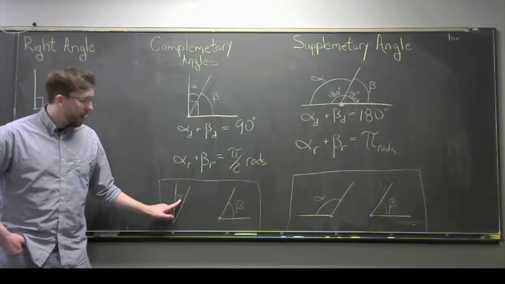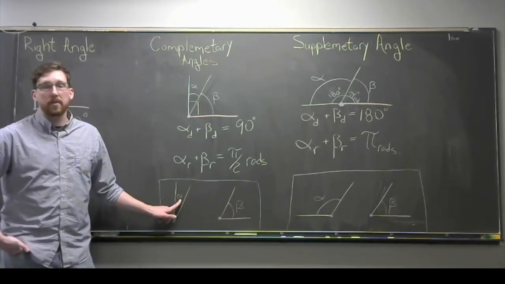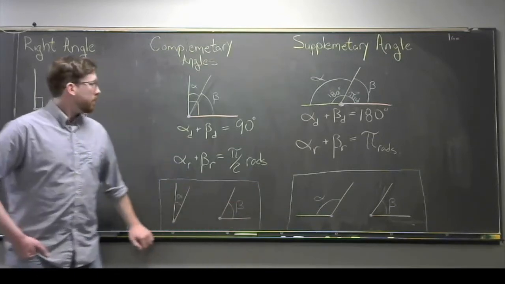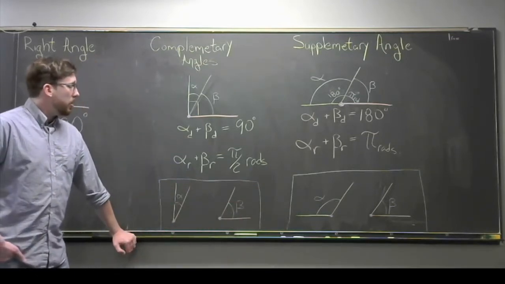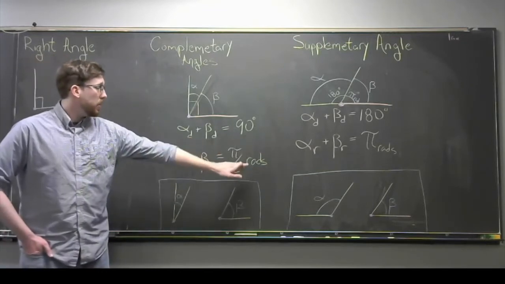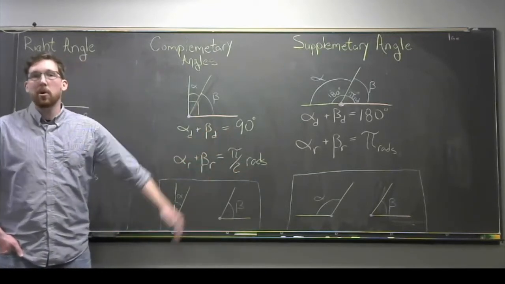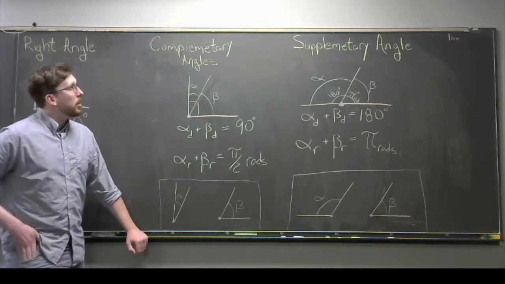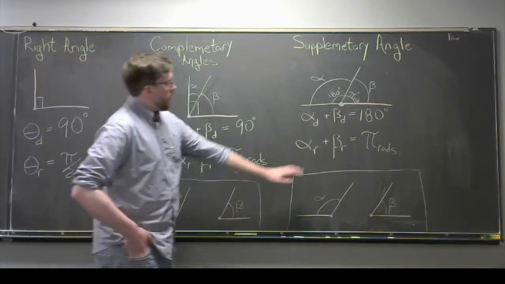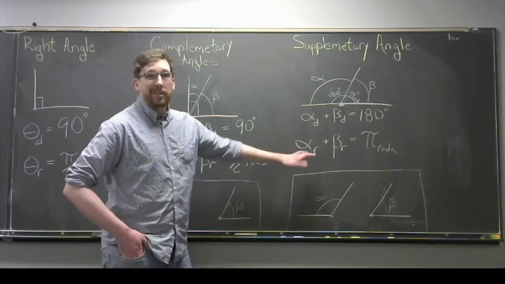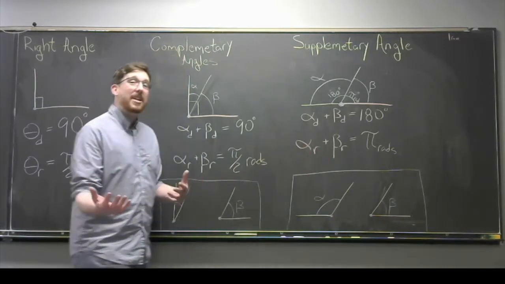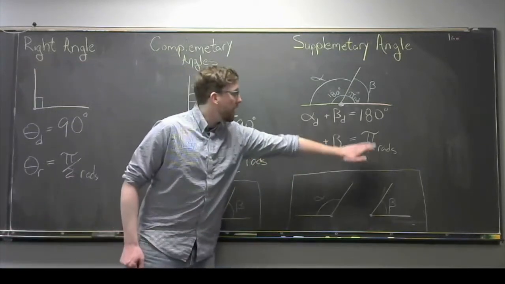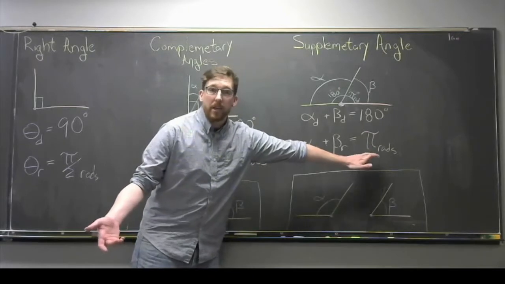One has an angle of alpha. The other has an angle of beta. When we add them together, if they add up to 90 degrees or pi over 2 radians, we're going to say that the two angles are complementary. From there, supplementary angles, same idea, except instead of adding up to 90 or pi over 2, they're going to add up to 180 or just pi radians.